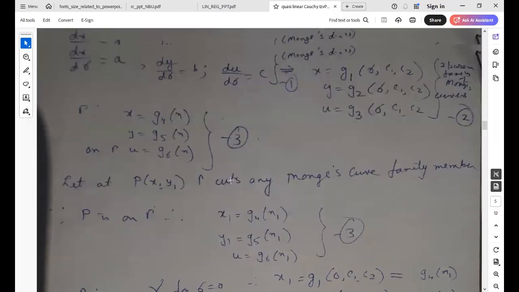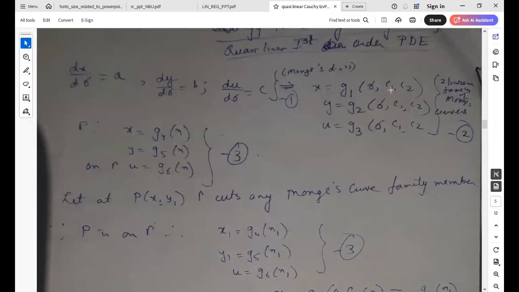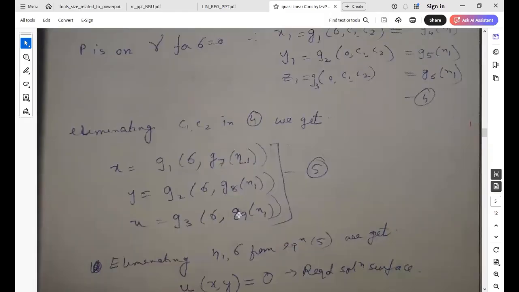So what should we do? We should take everything here and replace it. So C1 will be replaced by G7 eta 1, C2 by G8 eta 1. Again here G7 eta 1, C2 replaced by G8 eta 1. Here also G7 eta 1, here also G8 eta 1. So G7 and G8 will come in each of them.